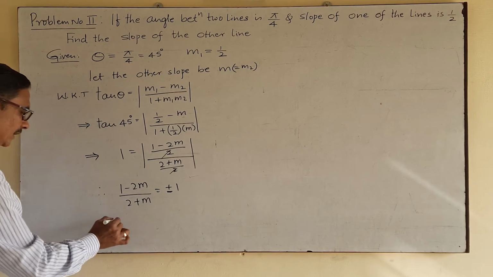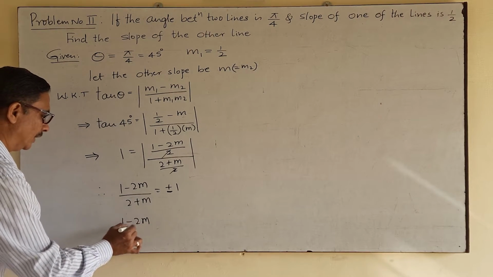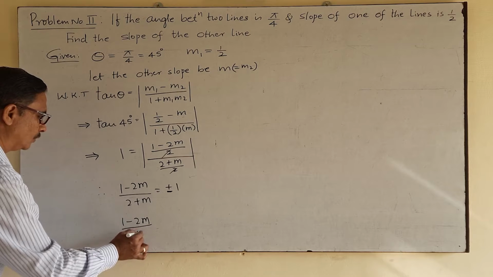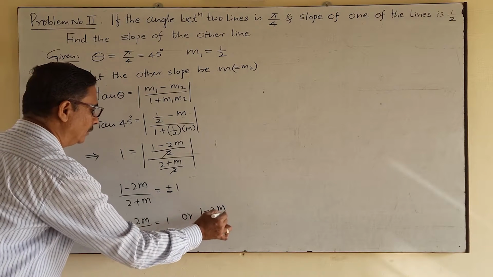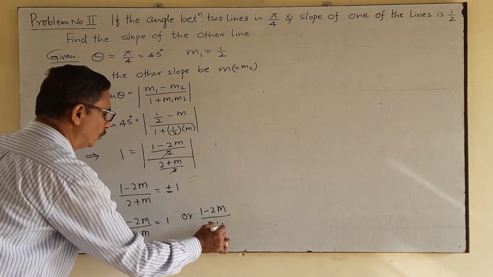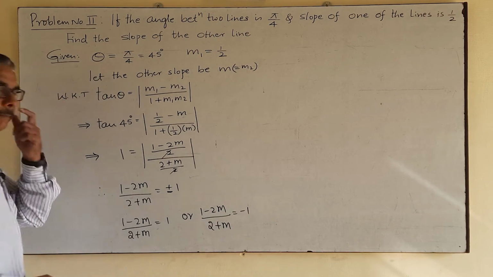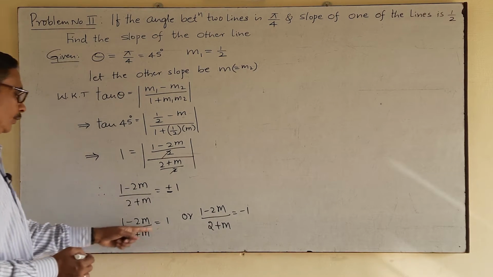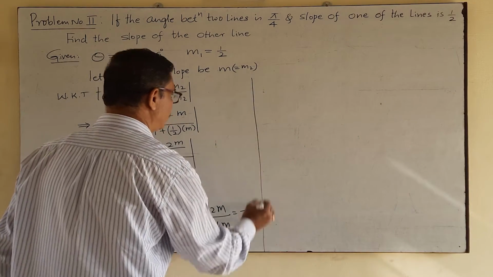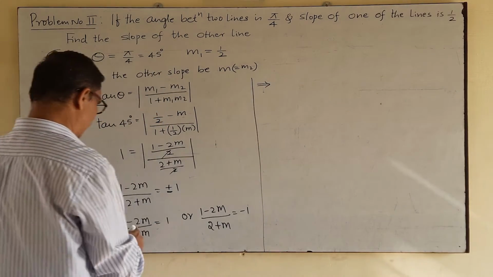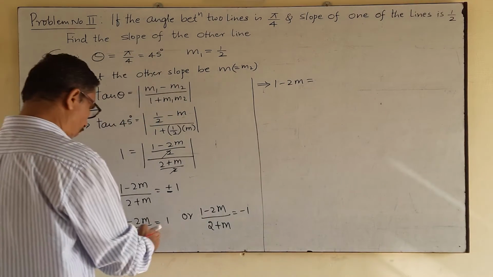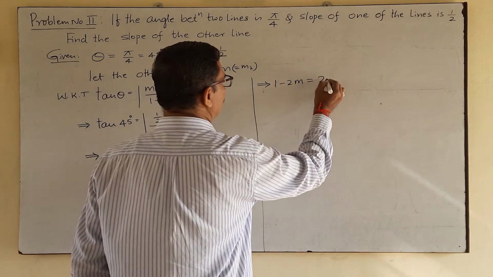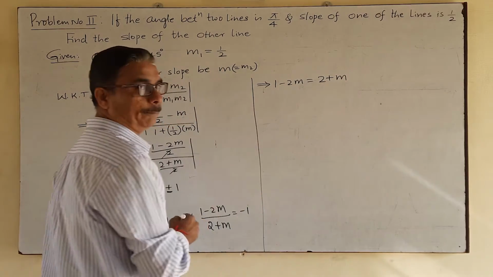Now here there are two cases. 1 minus 2m by 2 plus m is equal to plus 1, or 1 minus 2m by 2 plus m is equal to minus 1. Now cross multiply. This implies 1 minus 2m is equal to 2 plus m into 1, 2 plus m.